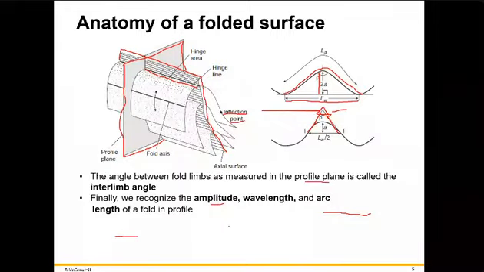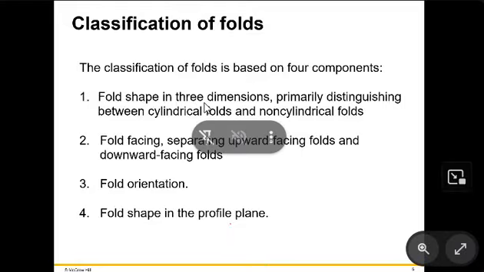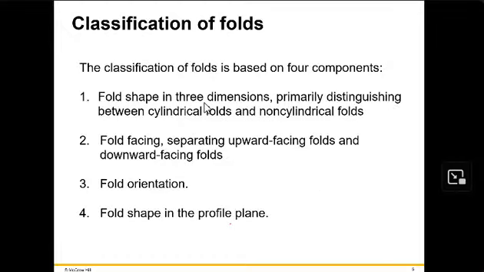All right. Who can then remind me of some of these terminologies we've talked about? Number one. Who can remind me of these terminologies? Number one. Interlimb angle. Anticline. Anticline, yes. Syncline. Syncline, yes. Axial plane. Axial plane, yes. Inflection point. Hinge line.